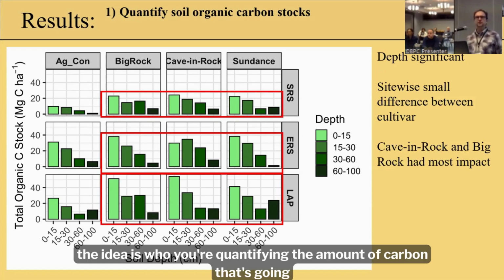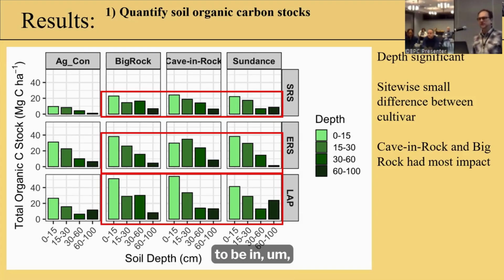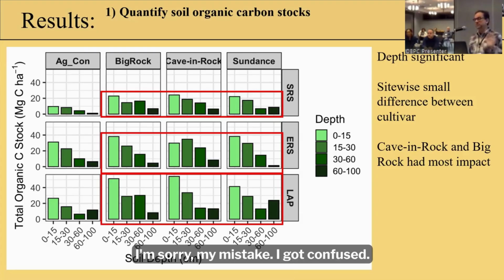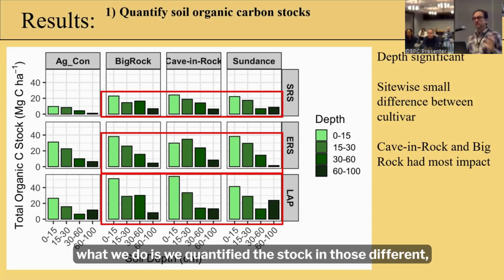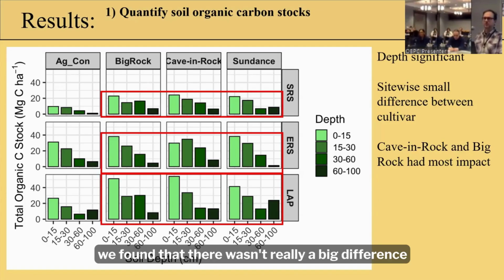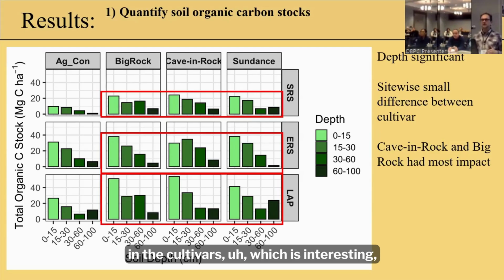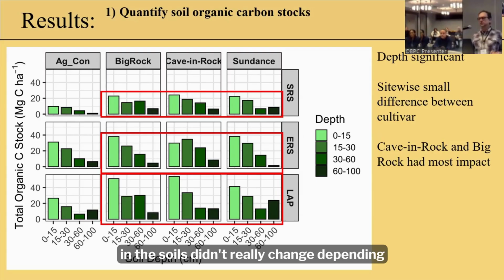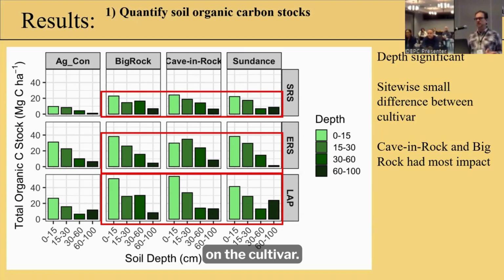What we do is we quantified the stock in those different depth increments. And what's very interesting is that site by site, we found that there wasn't really a big difference in the cultivars, which is interesting because they all have different biomass yields, but we found that the total stock in these soils didn't really change depending on the cultivar.